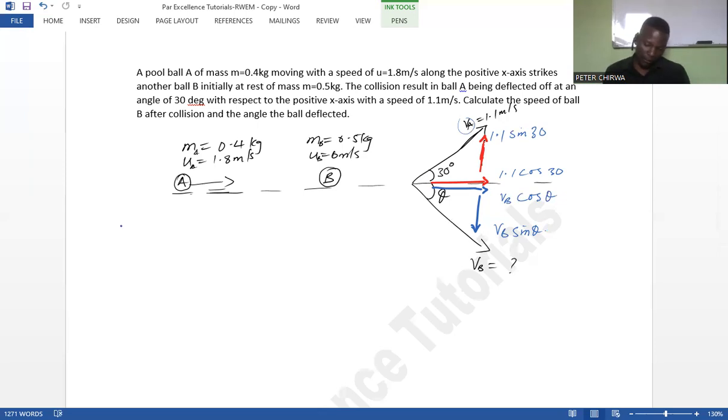So we say conservation of linear momentum in the x-axis. In the x-axis, the first ball has got momentum in x, and the second ball also has momentum in x, which should be equal to the final momentum.